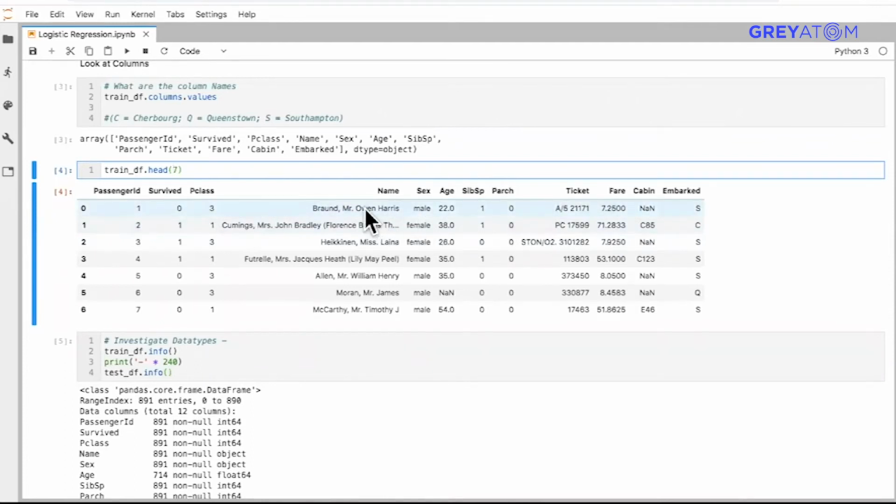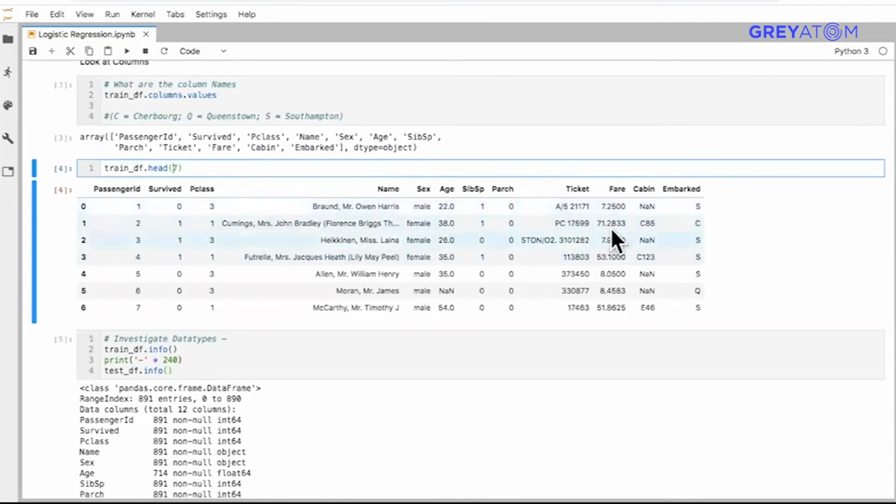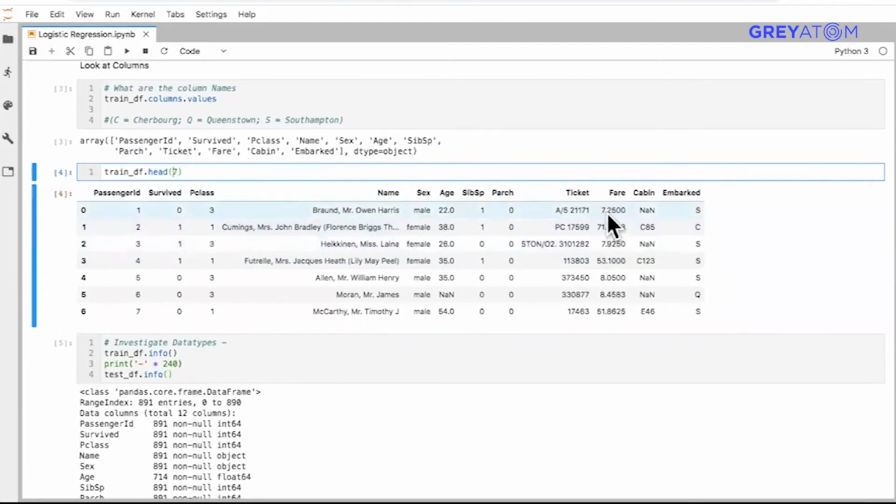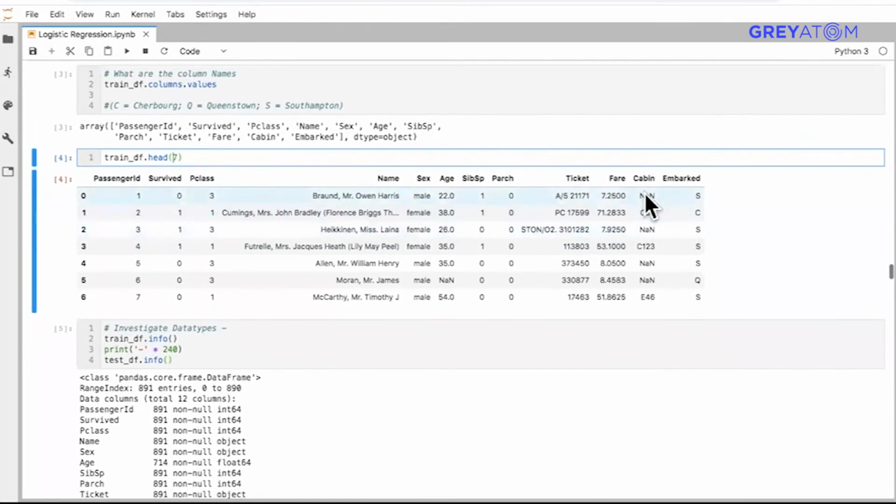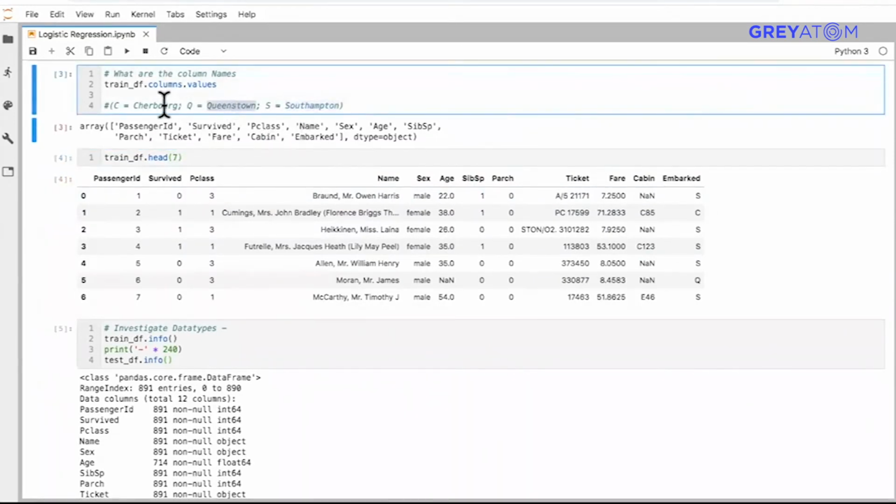So this guy was maybe there with their brother or something. There were no parents on board. This is their ticket number and how much fare they actually paid. The cabin is which cabin they were in, and Embarked is where they boarded the ship. Either they boarded in Southampton, Queenstown, or Cherbourg. These are the 3 boarding stations for the Titanic ship.